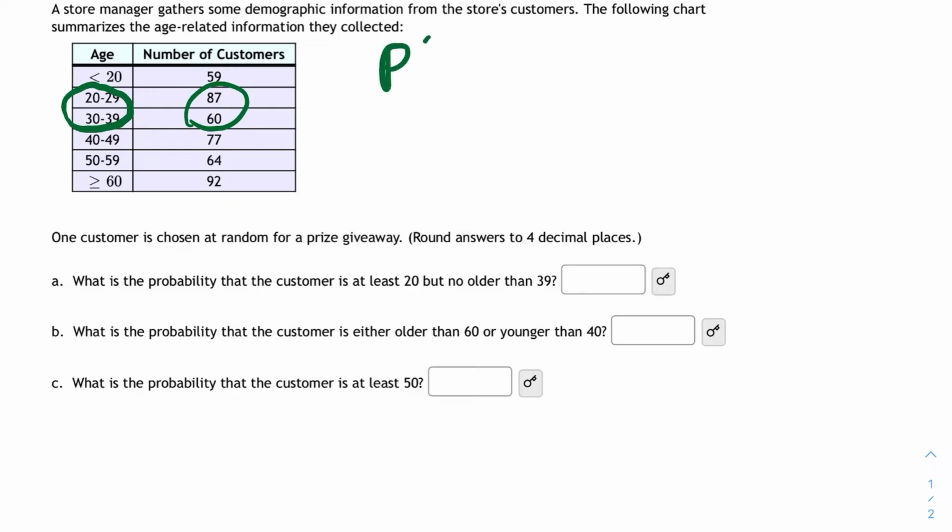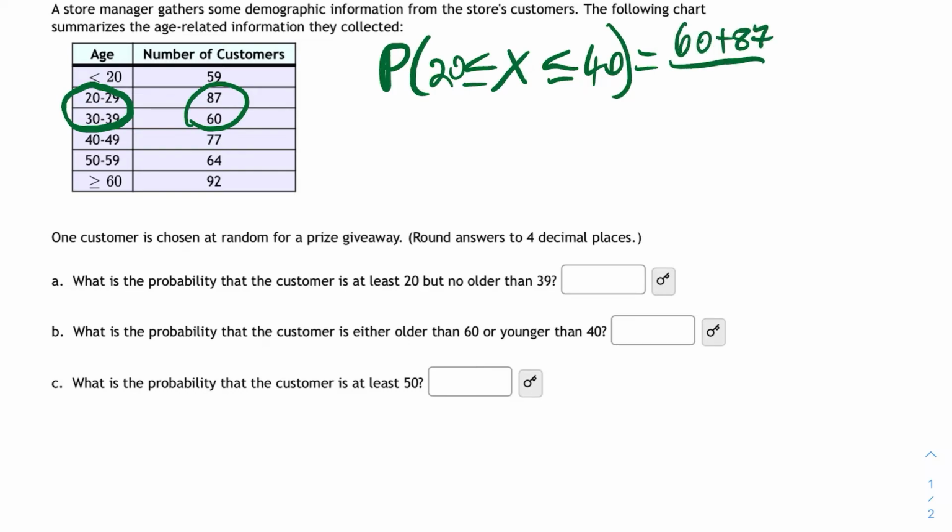So the probability that the person's age, which I'm going to call X, is less than or equal to 40 but greater than or equal to 20, is equal to the number of people that fit that criteria, which is 60 plus 87 over the grand total. And when you add all of these up, the grand total is 439.